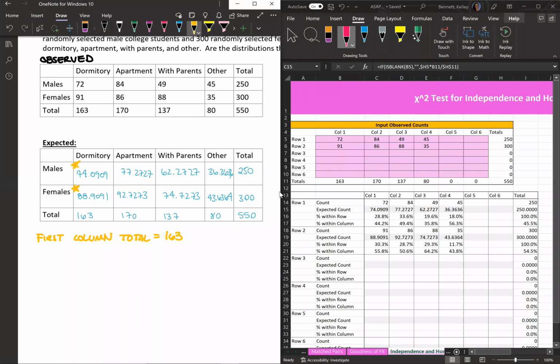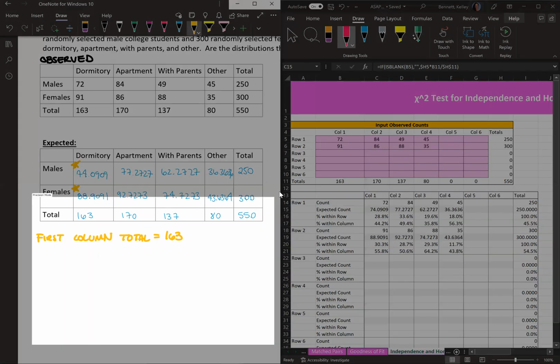If we're preserving proportionality, then what is expected for the males is going to be 250 out of 550 times 163.